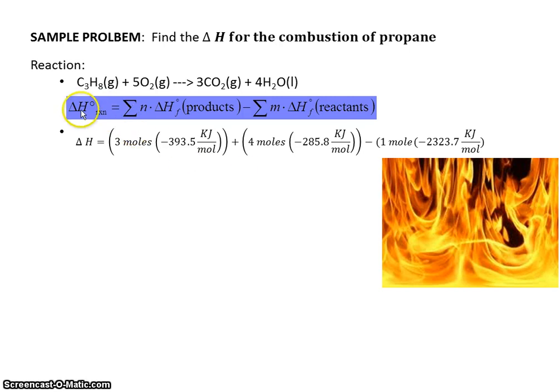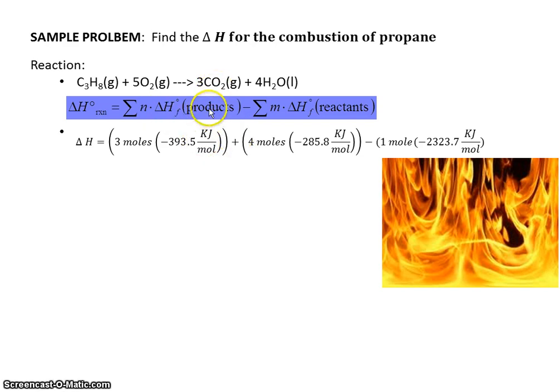So if I want to find the amount of energy produced from burning 1 mole of propane, I'm going to use our delta H equation that we saw in the previous slide. So we see 3 moles of CO2. We would have to look this number up. These numbers are given in a chart in your textbook.